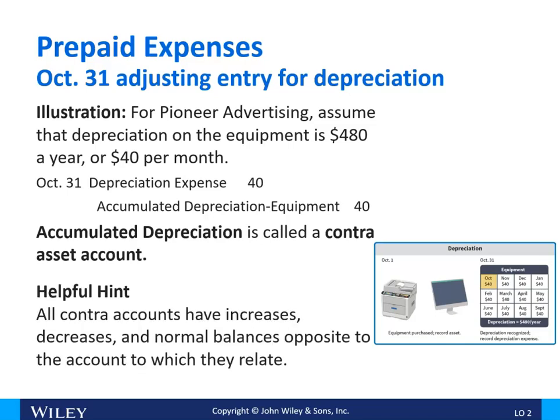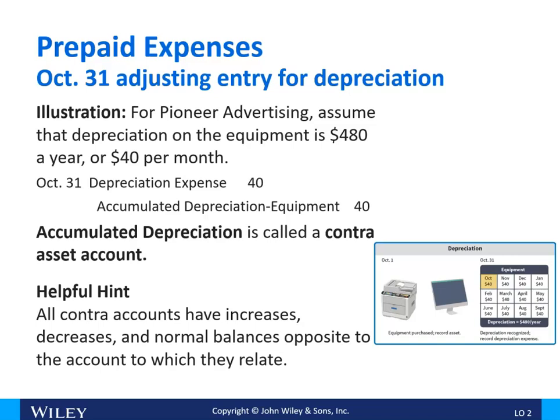Contra accounts have increases, decreases, and normal balances opposite to the account to which they relate. Equipment is an asset. It shows up in the asset section of the balance sheet and on the trial balance. Accumulated depreciation decreases that asset, but we don't show that decrease as a direct reduction of that asset account.